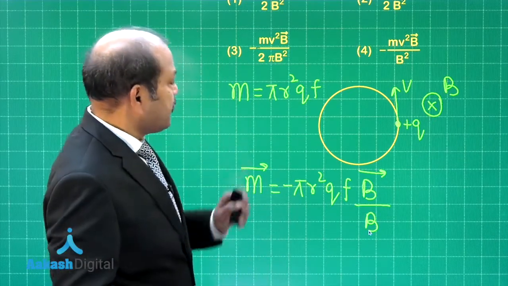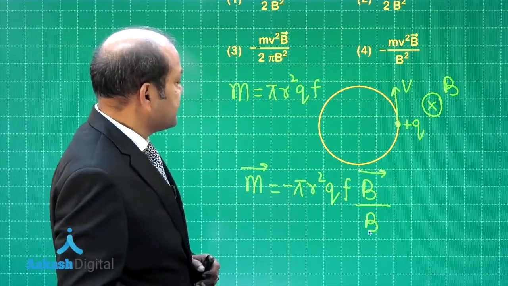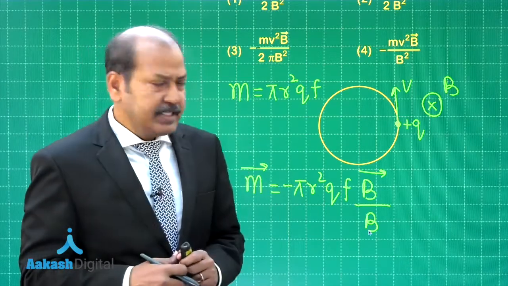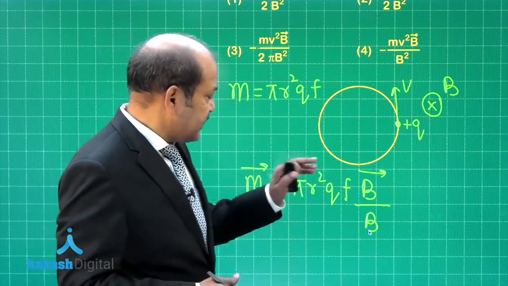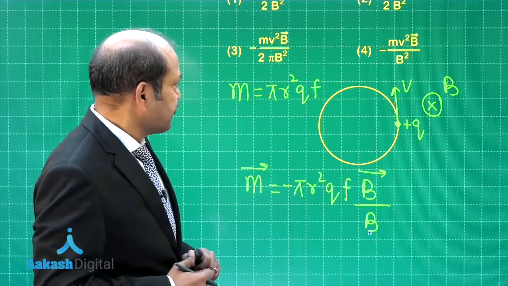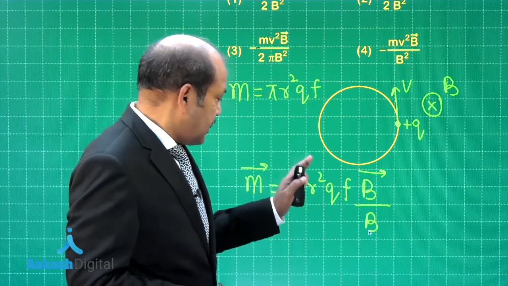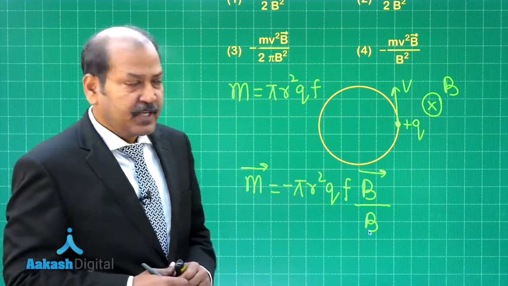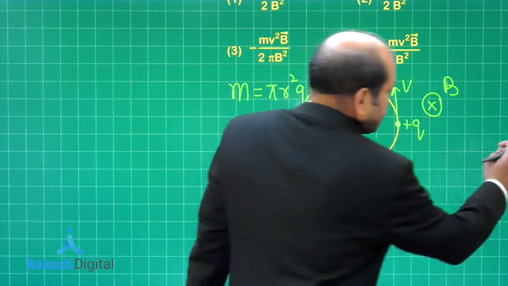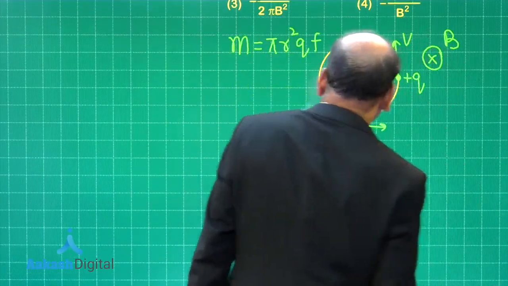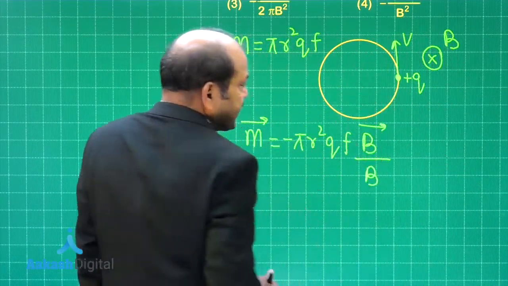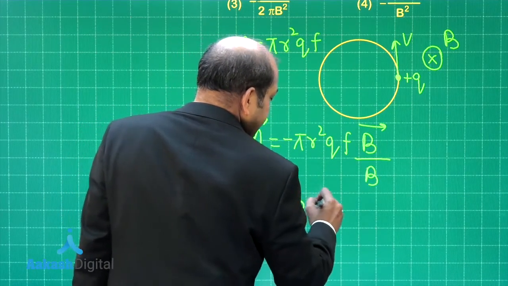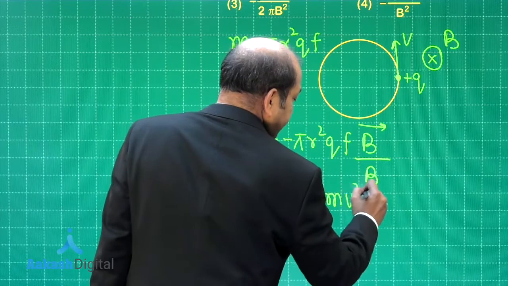Now the options are in terms of the speed of the particle, mass, and of course the magnetic field. So in this expression we have to get rid of terms like r square, f, and maybe q also. To do this, we look at some other equations. The centripetal force is q v B, and that is equal to m v square divided by r.